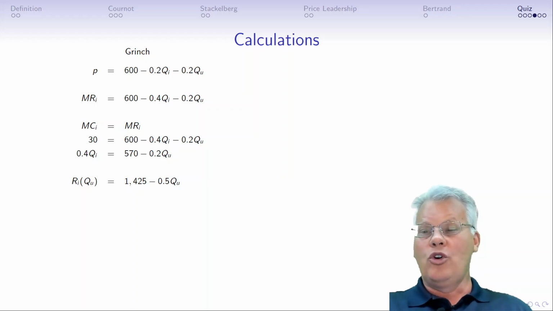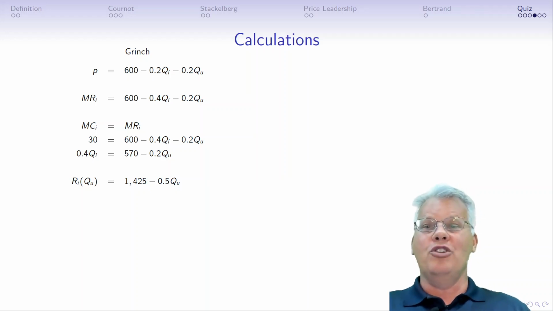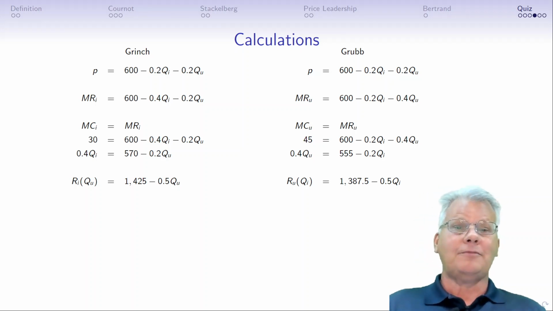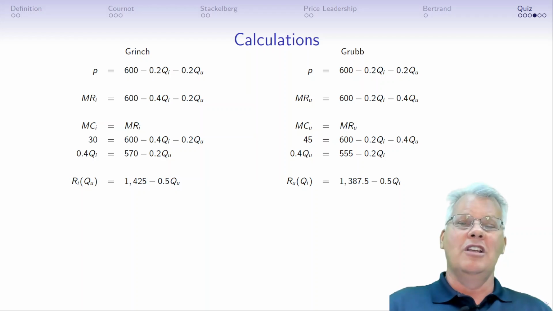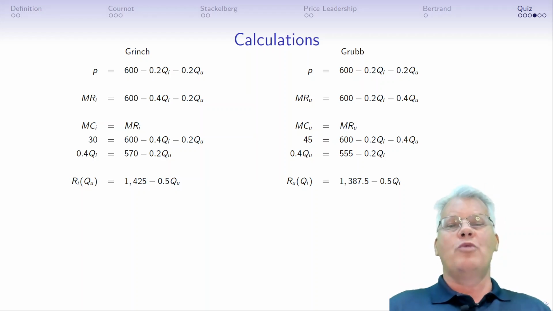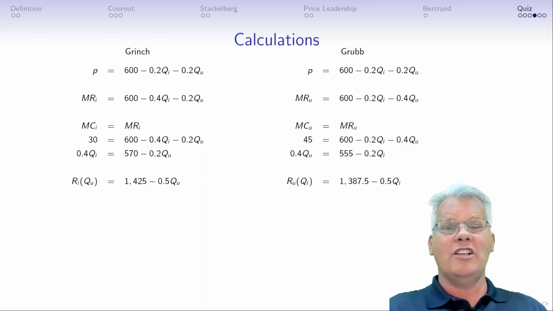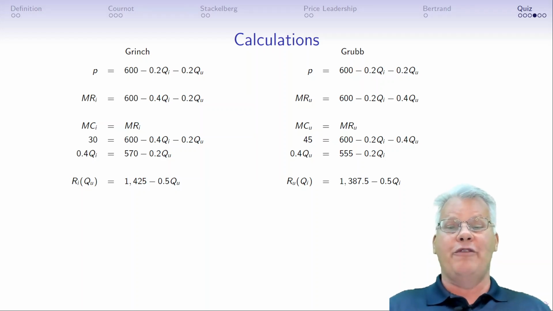So this is how Grinch reacts to what he thinks Grubb is going to produce. And we have to do the same thing for Grubb. Take the inverse demand function, total revenue, marginal revenue, set Grubb's marginal revenue equal to Grubb's marginal cost, which defines Grubb's output, which is his reaction function.